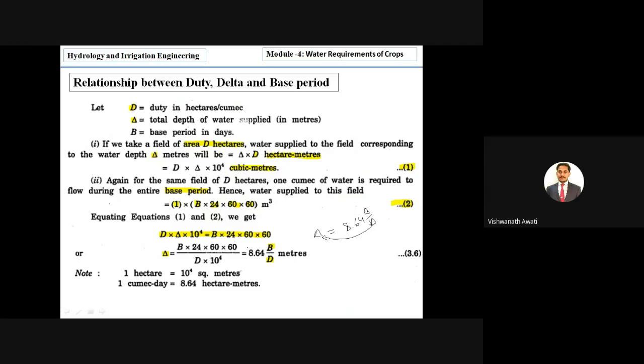This equation is very important. And these are the conversions: 1 hectare equal to 10 to the power 4 square meters, and 1 cumec per day equal to 8.64 hectare meters. Why did we convert this? Because we require it in terms of hectare meters.